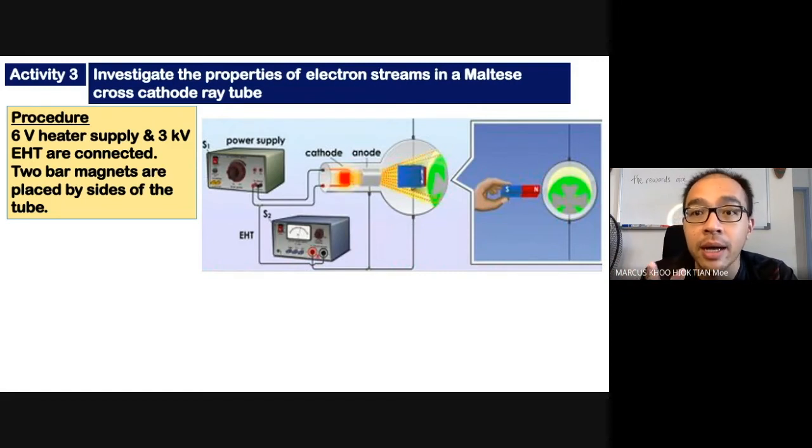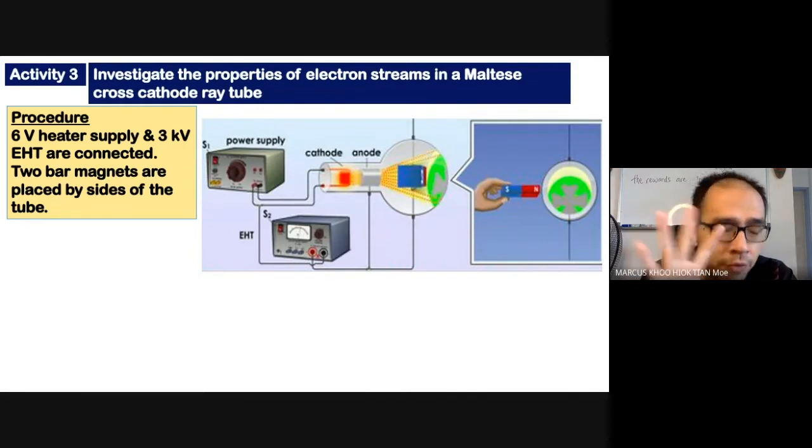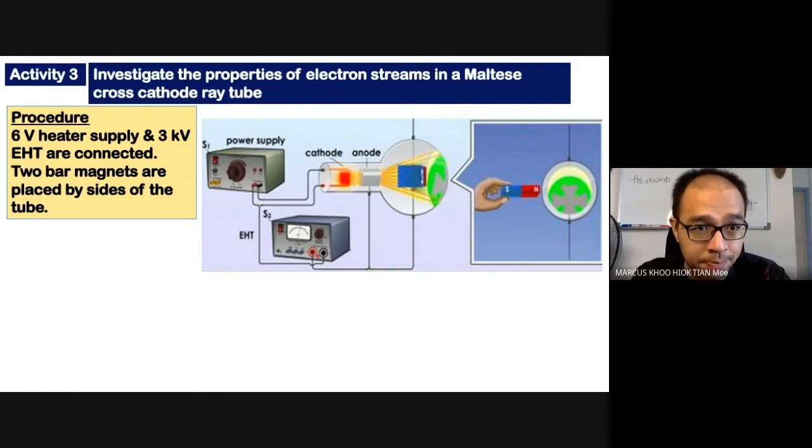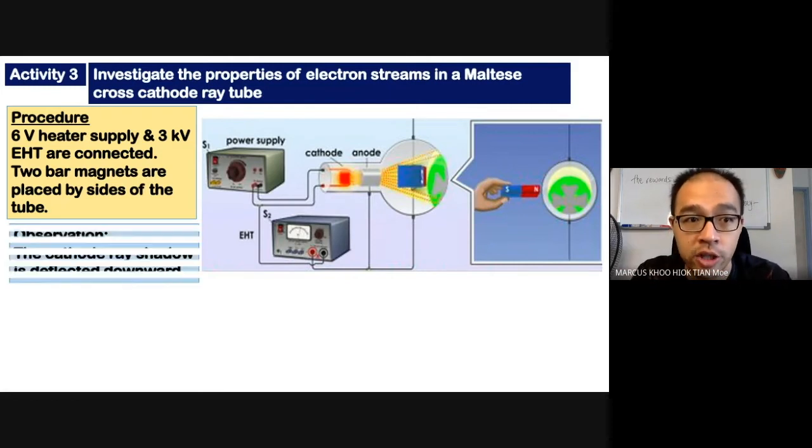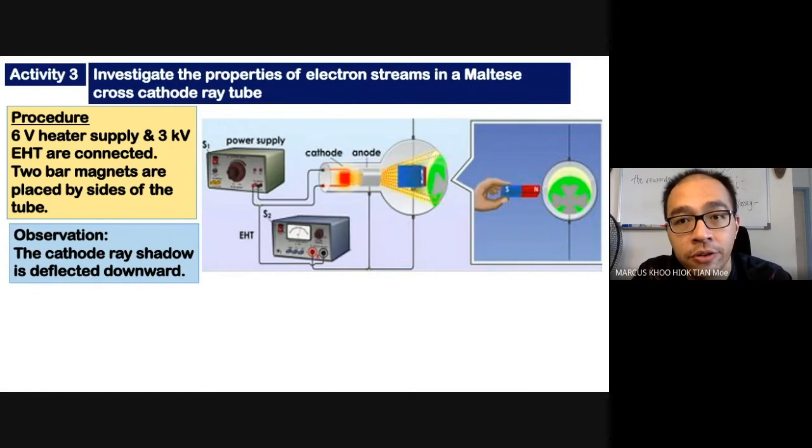The Maltese cross tube proves to us that the cathode ray travels in a straight line. The fourth thing that it tells us is that when we put magnets at the sides of the tube, we're going to have a cathode ray that is going to be deflected downward.